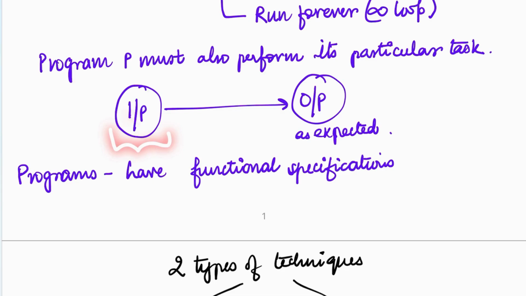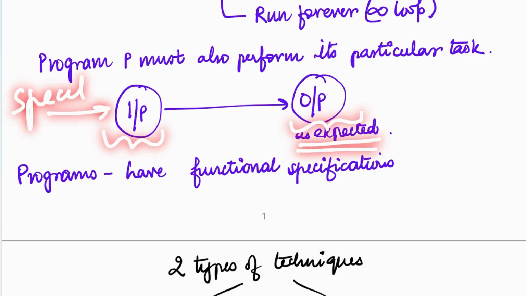When a program P is prepared for a particular task, it will direct from input to the expected output. And to get to the expected output, you have to give a specific input. You cannot give anything but a specific input. We will be discussing this a lot because this is of prime importance to understand.